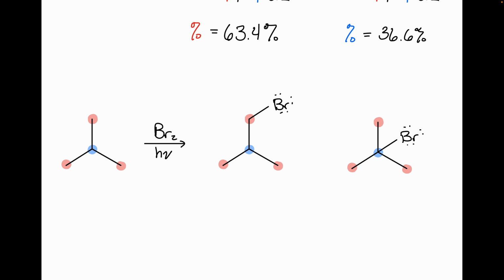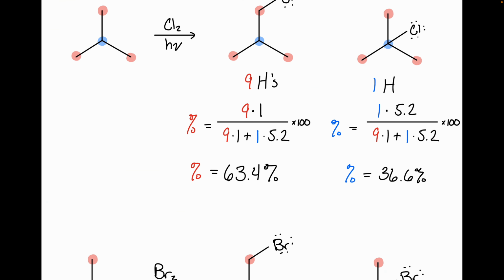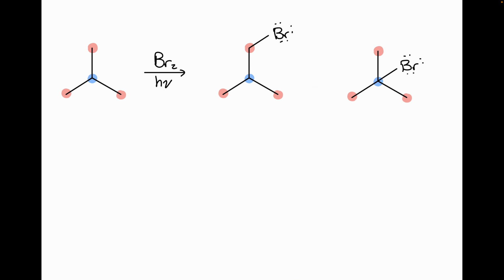Since bromine's reactivity factors are so much larger than that for chlorine, we would get 99.5% would be that tertiary product, and only 0.5% would be that primary product.